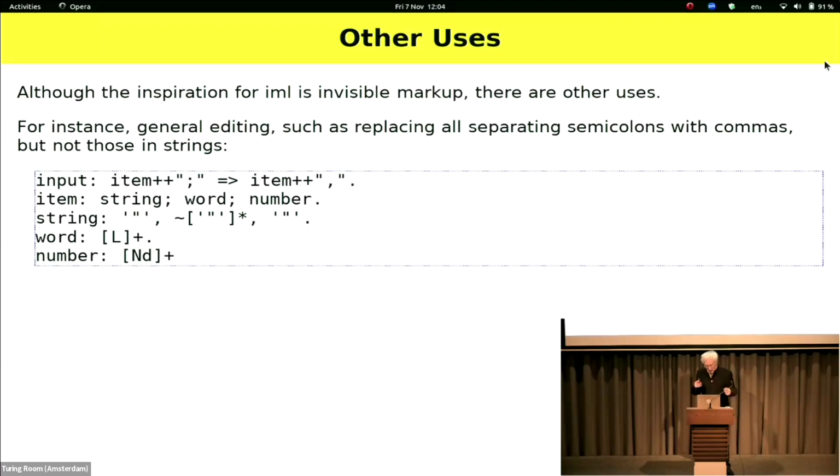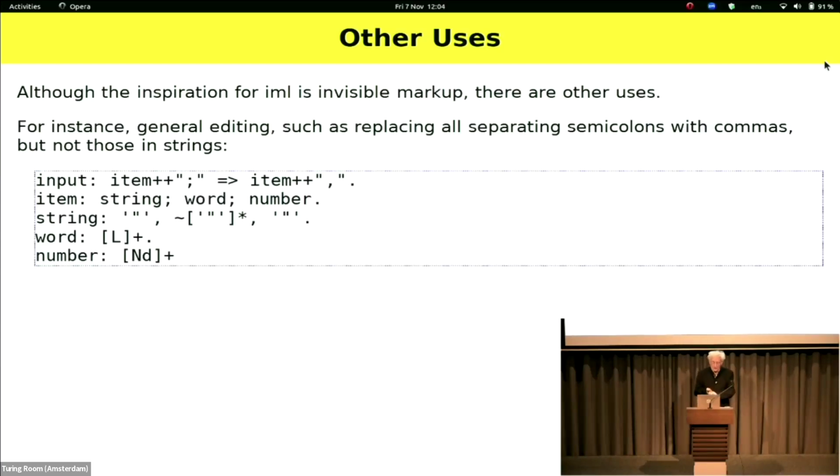So ixml was originally only for structured data, but in fact, now that we've got this method of dealing with input and output, there are other uses apart from just structured data. For instance, for general editing. So this grammar here takes a number of items separated by semicolons and produces the same items, but this time separated by commas.